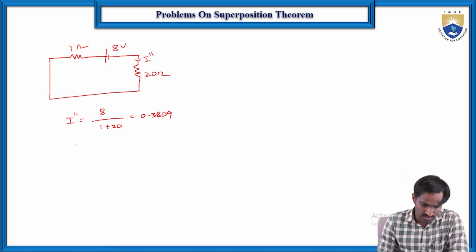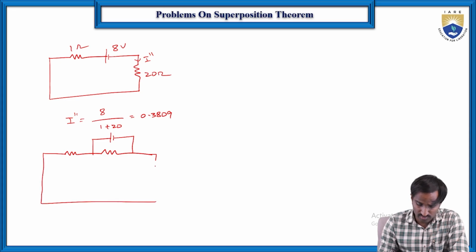Then in the third case, only this source we must consider, and all other remaining sources we must neglect. Then the circuit will become like this. Here it is 1 ohm, here it is 12 volts, here it is 8 ohms and here it is 20 ohms. Then again you will be having two loops, loop 1 and loop 2.